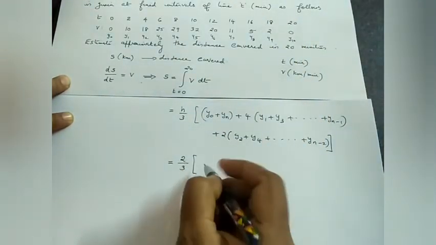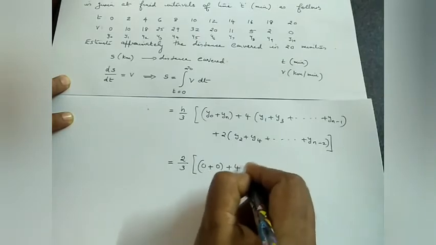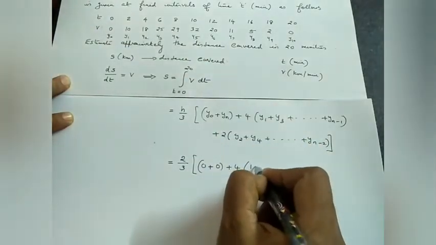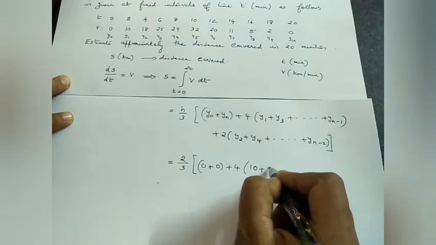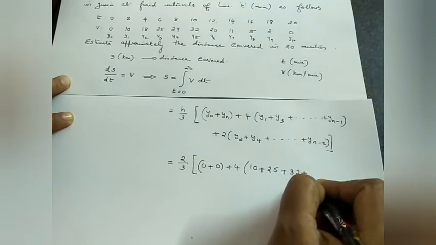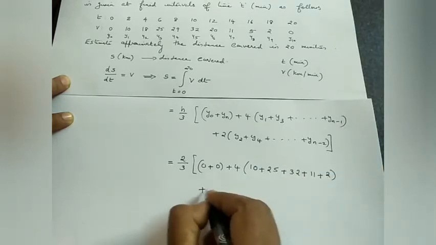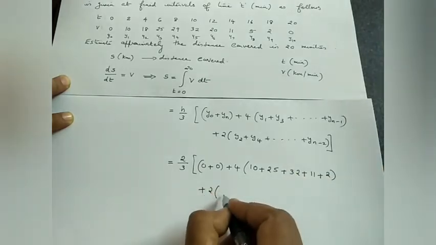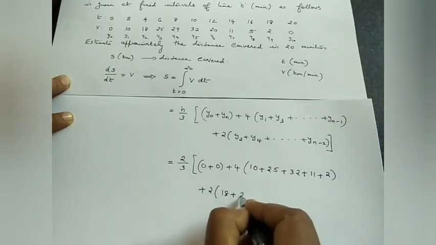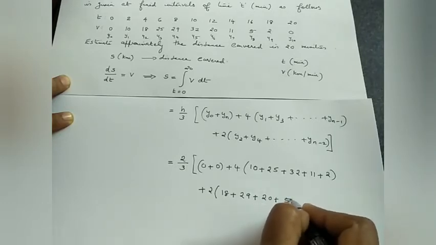So 2 by 3, first value y0 is 0, last value y10 is also 0, plus 4 into y1 is 10, plus y3 is 25, plus y5 is 32, plus y7 is 11, plus y9 is 2, plus 2 into y2 is 18, plus y4 is 29, y6 is 20, y8 is 5, and that's all.